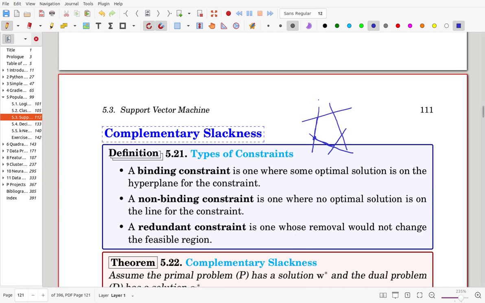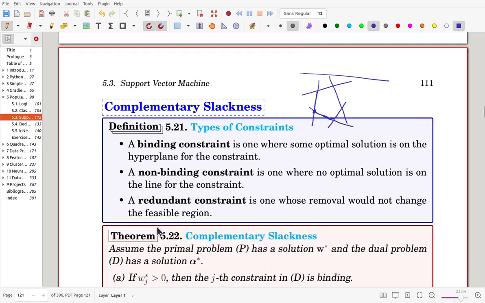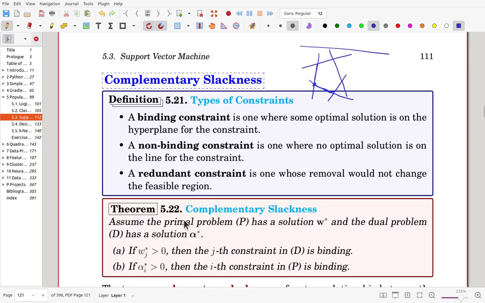Probably there is another constraint so that a line is made, but that one does not change the feasible region. So in this case, the corresponding constraint for this line must be a redundant constraint. There are only 3 types of constraint. Here we have the complementary slackness theorem.